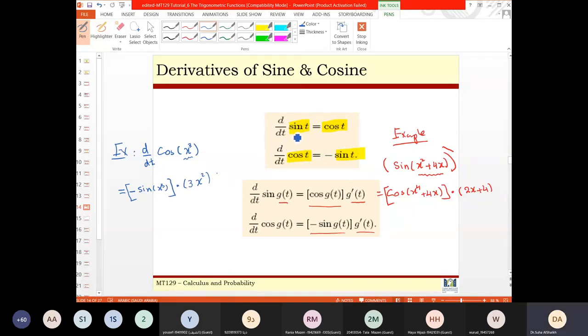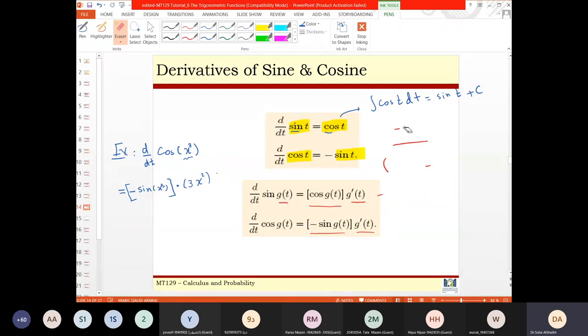Okay, if the derivative of the sine is cosine, what will be the integration of cosine t dt? If the derivative of sine is cosine, the integration of cosine is what? It's sine. Excellent. The integration is sine t plus the integration constant. Yeah?